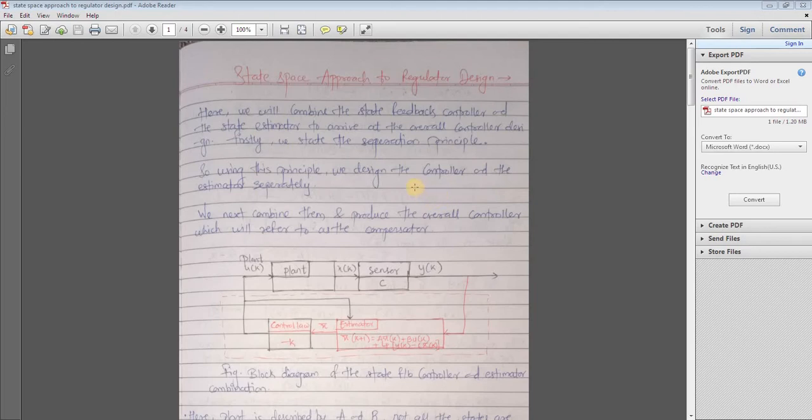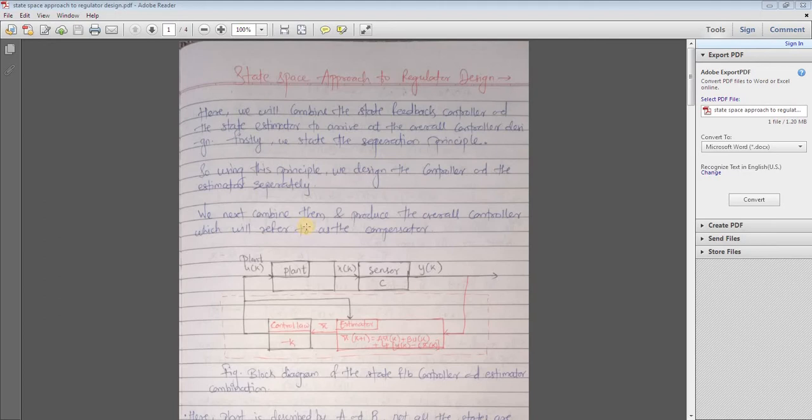It is possible to estimate the states only if the states are bounded. Otherwise, if the states are unbounded, it is not possible to estimate them. So we assume the stabilizing influence of the controller keeps the states bounded.